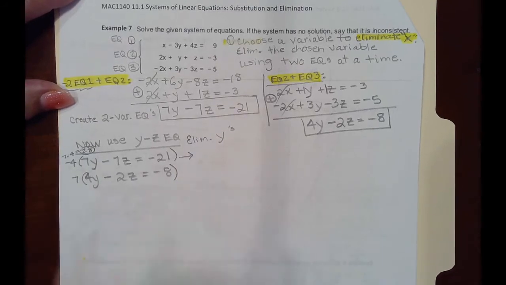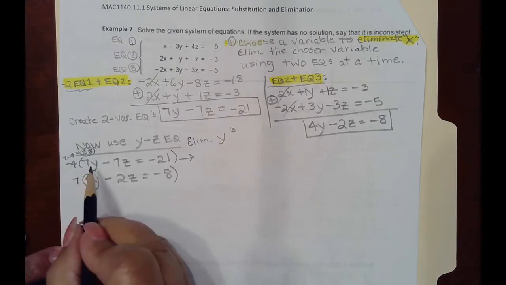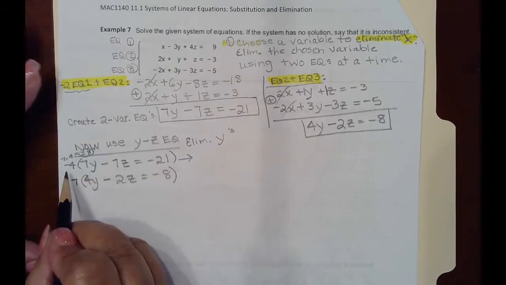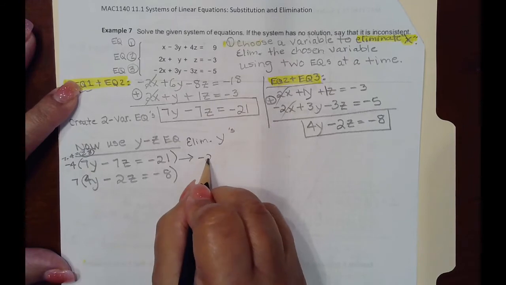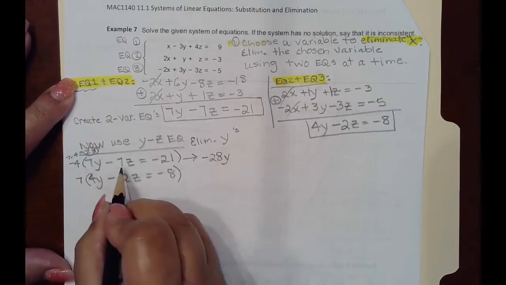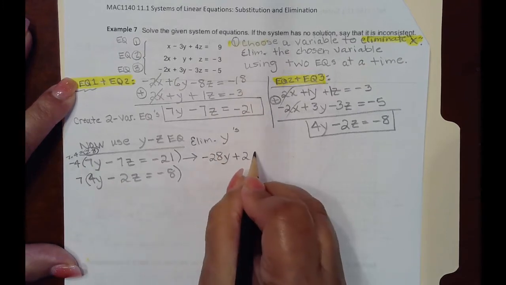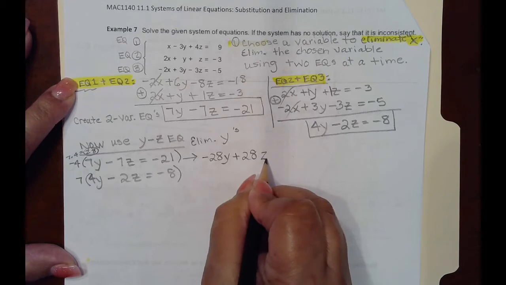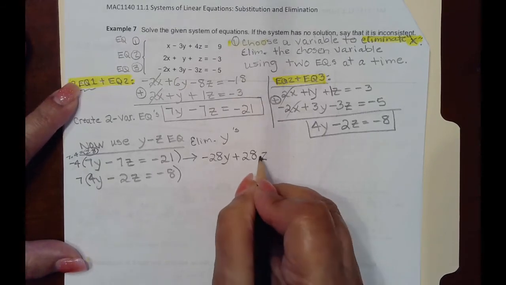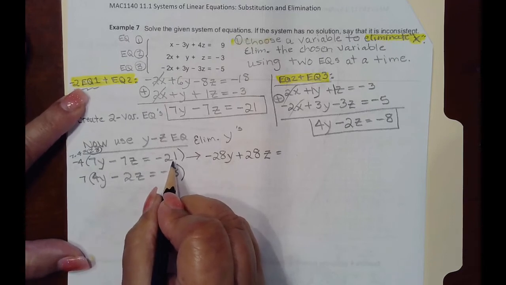Right out here, we can put what we get as we multiply each and every term in this top equation by negative 4. I'd have negative 28y. Then negative 4 times negative 7 would be positive 28z. And then negative 4 times negative 21 would be 84.